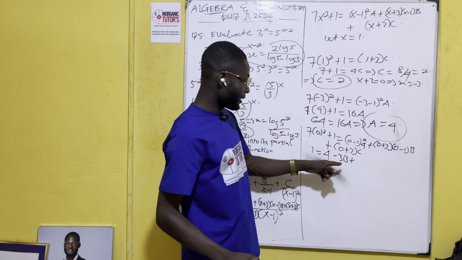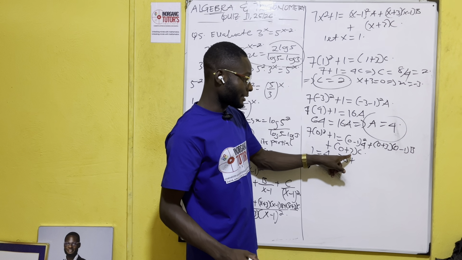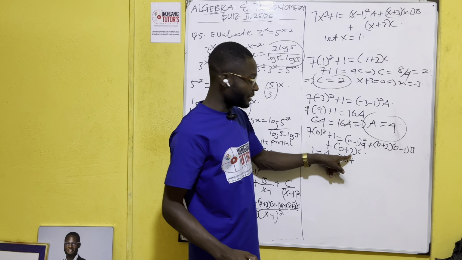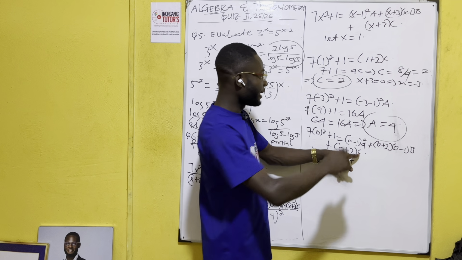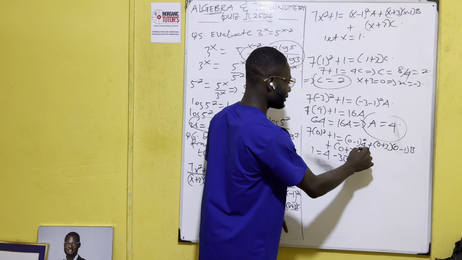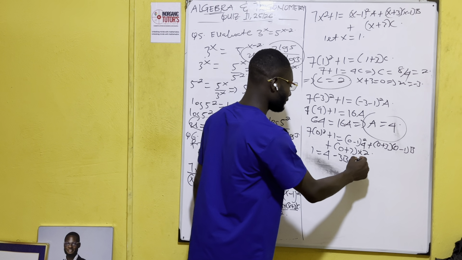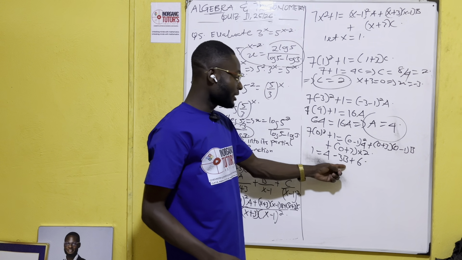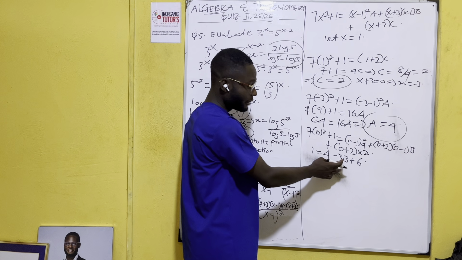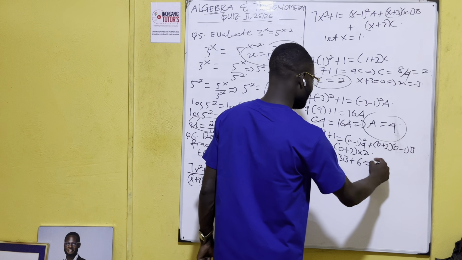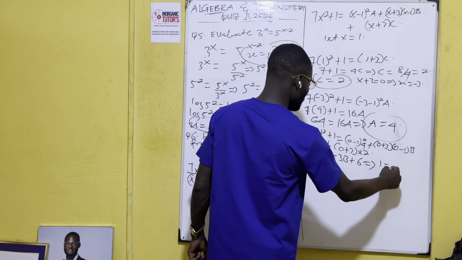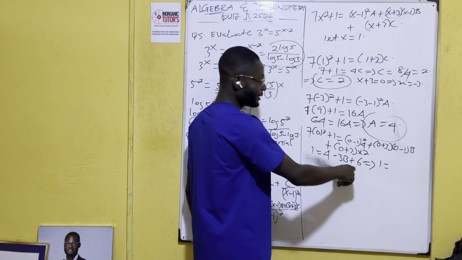Plus 0 plus 3 is 3. 3 times 2 is 6, right? Because the c is 2, so we have 6 here. So it means that this implies that 1 is equal to 4 plus 6 is 10, right?